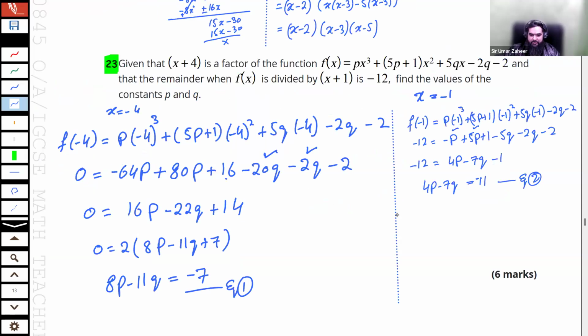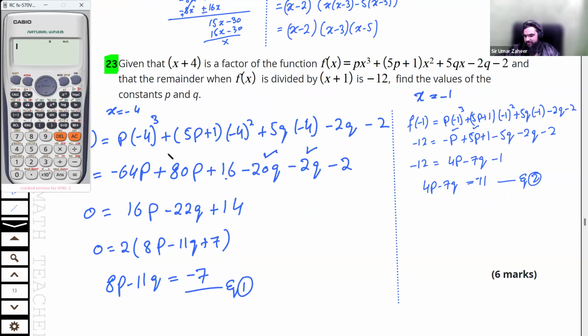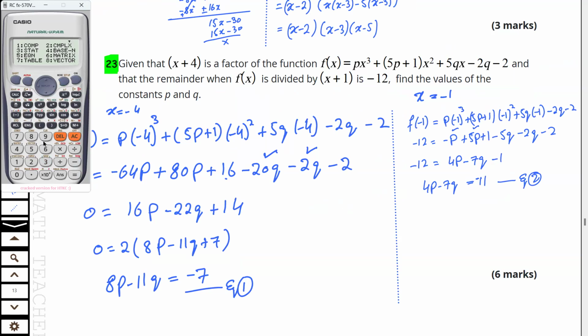Now from here, I'm going to use the calculator directly to solve the equations. You must know how to solve simultaneous equations. Sir, here if minus 12 goes to the other side, it becomes plus 12.